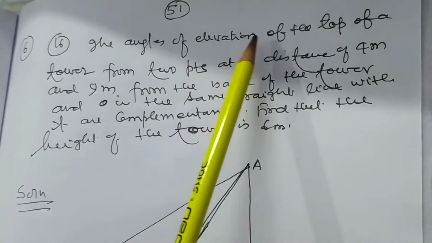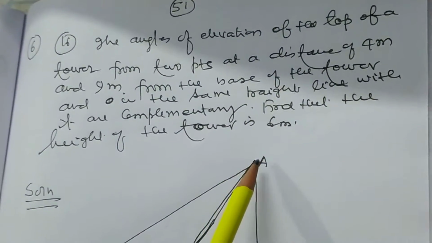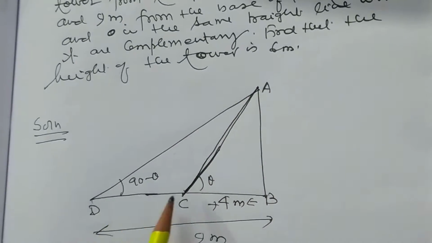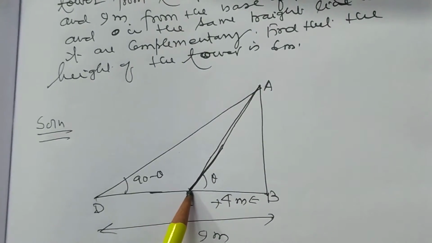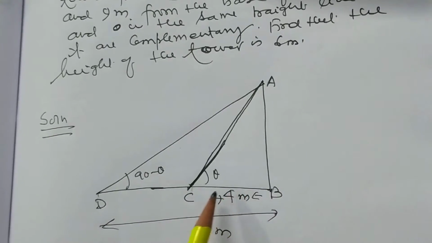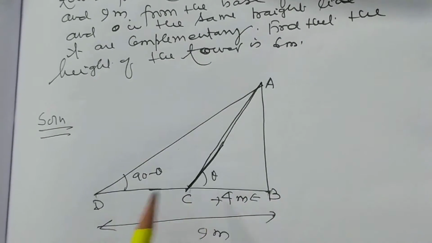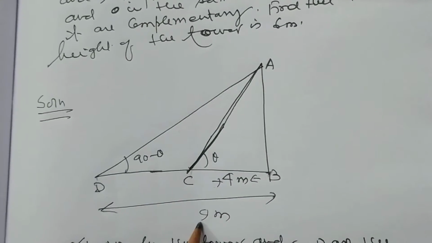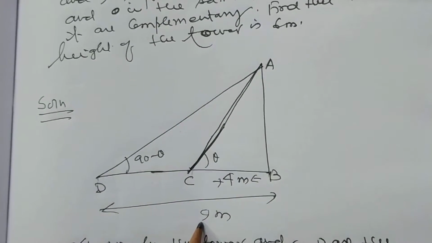The angle of elevation of the top of a tower from 2 points D and C, suppose, at a distance of 4 meter from the foot of the tower. This C is 4 meter and D is 9 meter from the base of the tower.